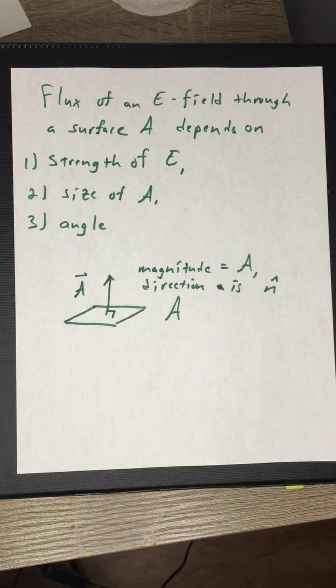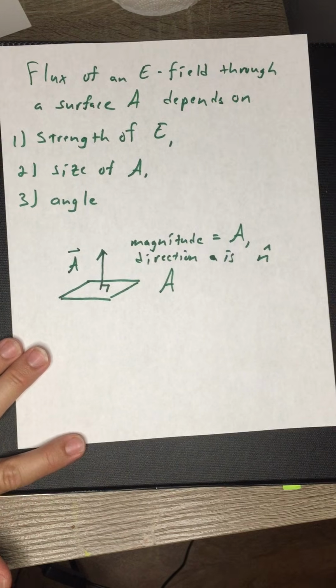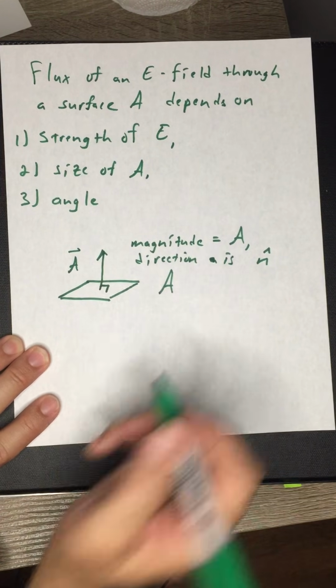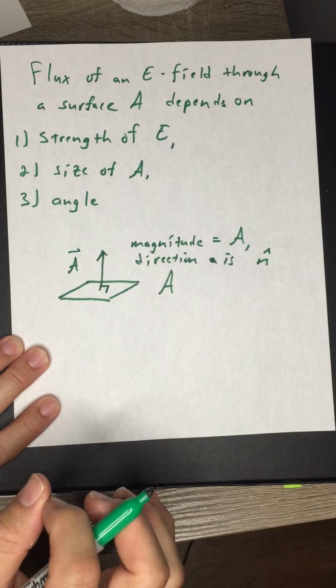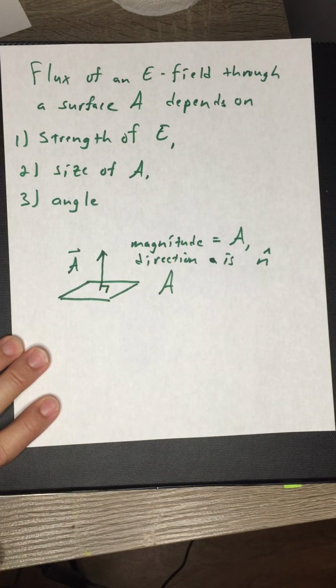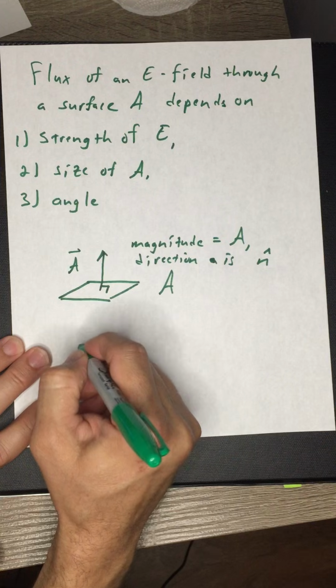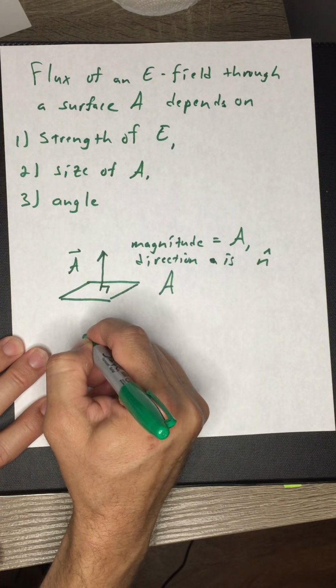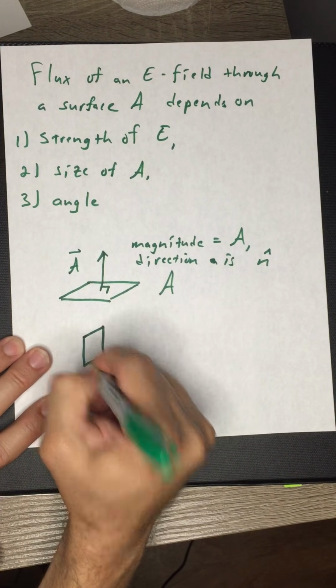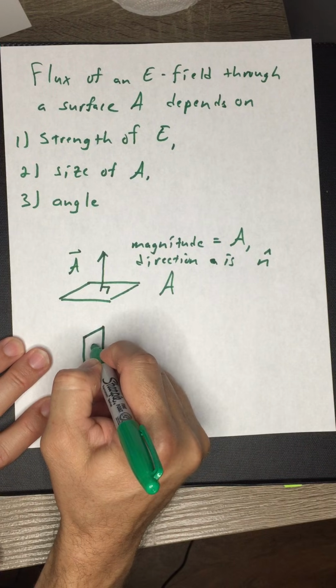Now, I have a way to characterize the E field and the A field. How am I going to do it? Well, what I need is the flux to be maximized. So let me draw another picture. Here's a surface. I drew a square.